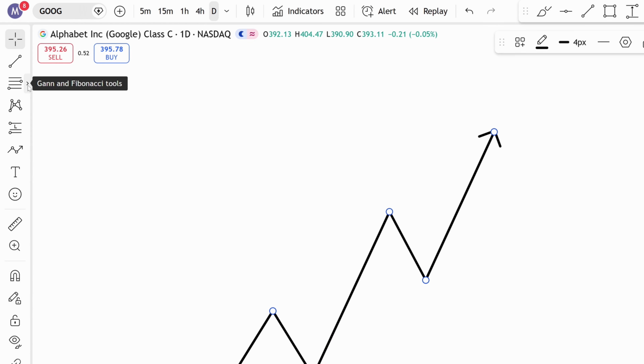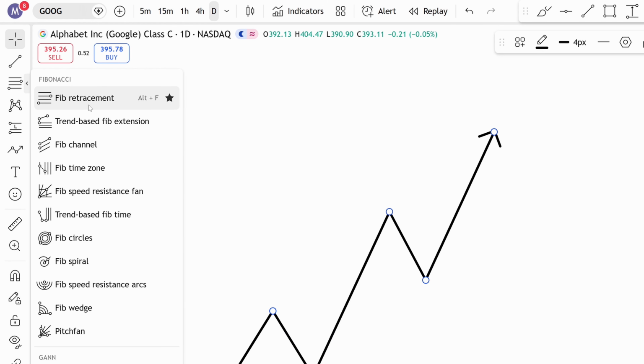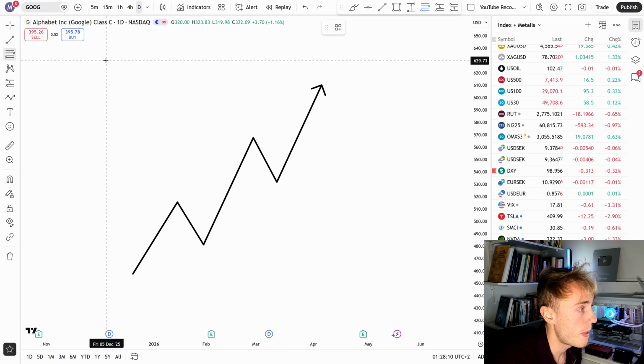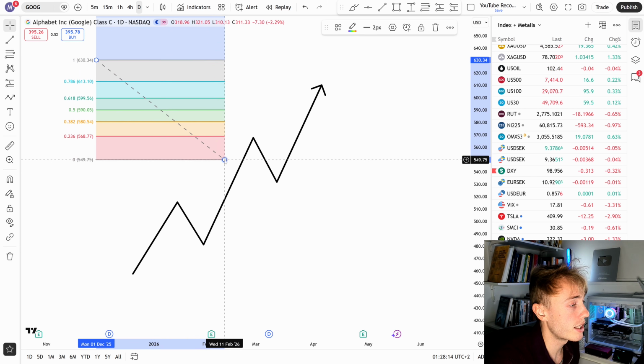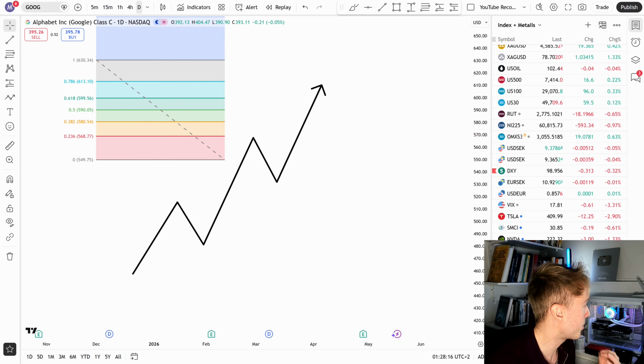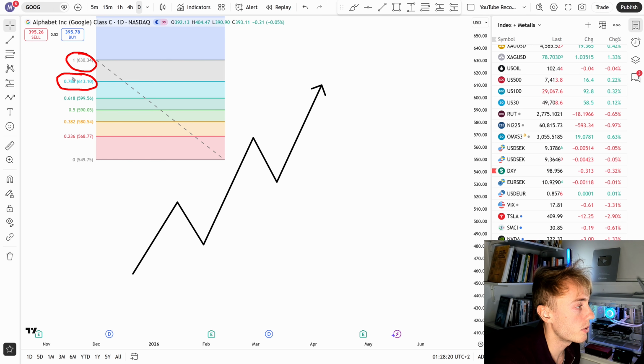So let's go here to Gann and Fibonacci tool and open up our Fib retracement. If I just draw this one out on the chart, you can see that we have multiple numbers appearing here. We have a number called 1, we have a number called 0.786. Here we have the 0.618 and so on and so on. And what these numbers are is that they are basically percentages.